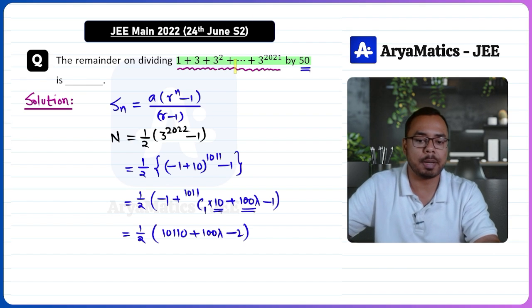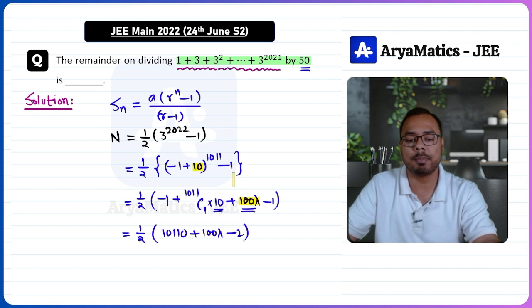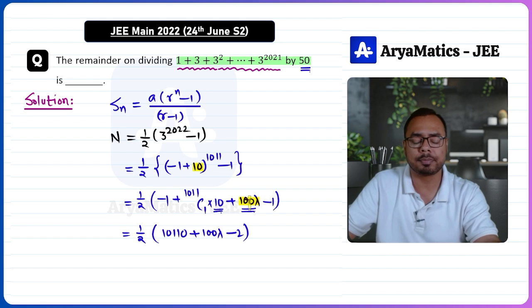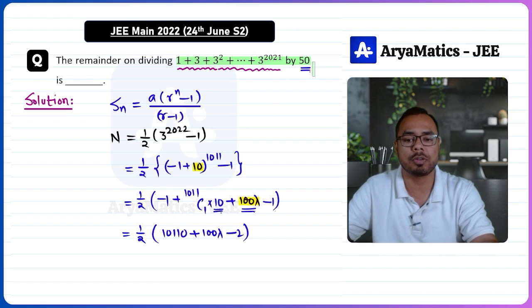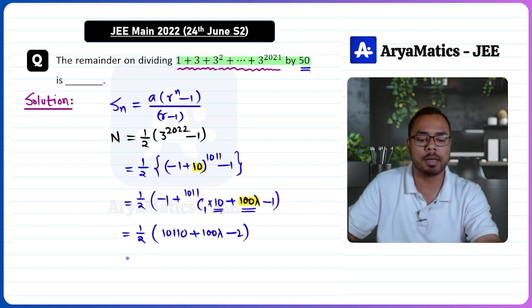When we are expanding in terms of increasing powers of 10, only the first two terms are not multiples of 100. After that, the third term will be 10 square, the fourth term will be 10 cube, and so on. So all of those numbers are multiples of 100. And because we have 1 by 2 outside, we can easily figure out what the remainder should be when we are dividing by 50.